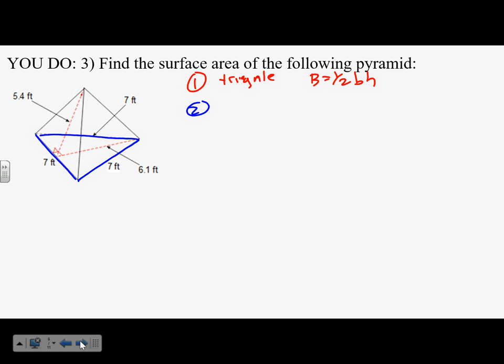So if you look at that base, it's 7, 7, 7. They give you the height right here of the triangle is 6.1. So the base area is 1/2. The base is 7. The height is 6.1. Put that in your calculator. Is 21.35.